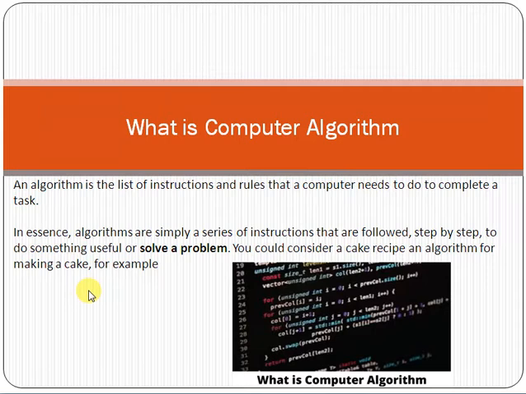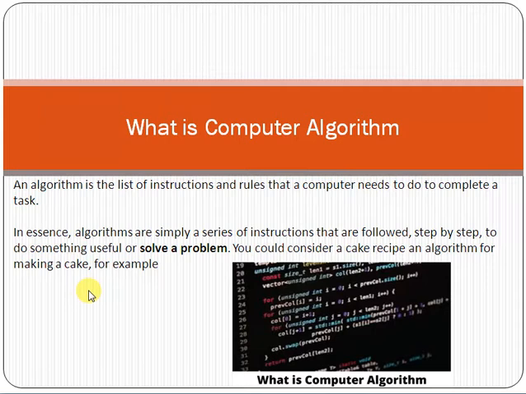Just consider an algorithm as a simple cooking or cake recipe, for example. A cake recipe is a very simple, general example of an algorithm. Whenever you are making some food item, you need a recipe that describes the step by step process to produce that food item.